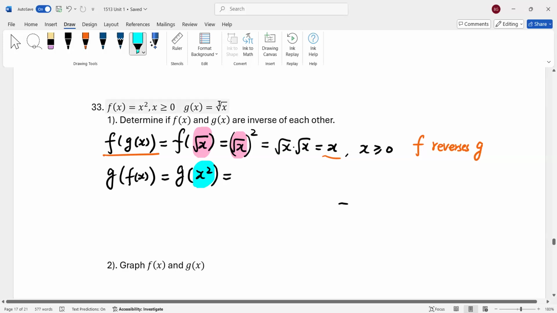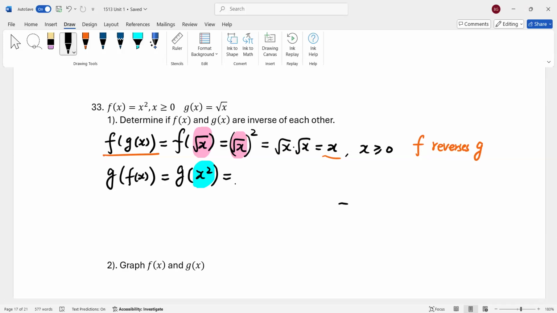Function g is the square root function. G of x equals the square root of x. So the output of machine g always equals the principal square root of the input. So here we have g of the blue equals the principal square root of blue, which is x squared.